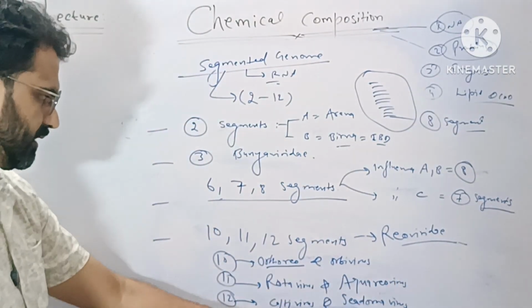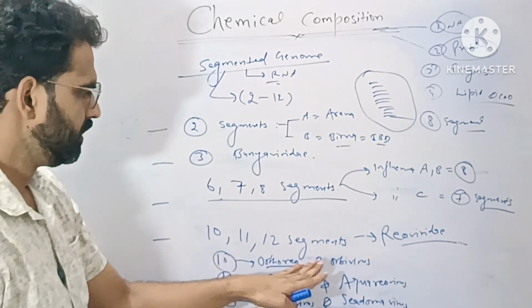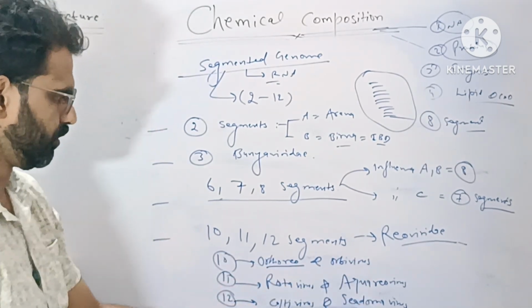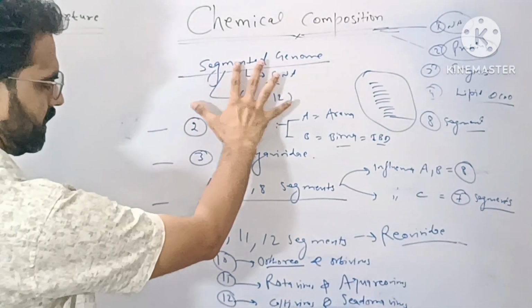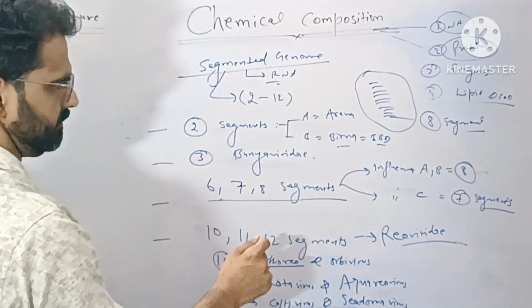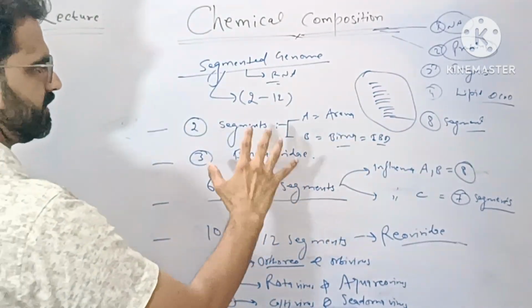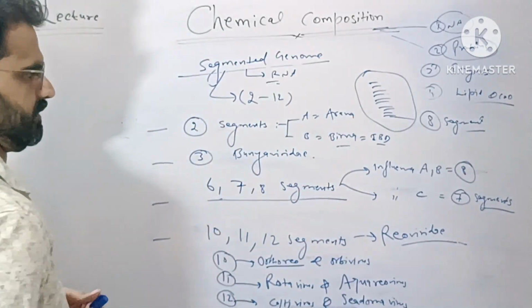And these are the genera under this family: 10 segments in Orthoreovirus and Orbivirus, 11 in Rotavirus, 12 in Coltivirus and Seadornavirus. So their genome is segmented, and segmented genome is mostly found in RNA viruses.